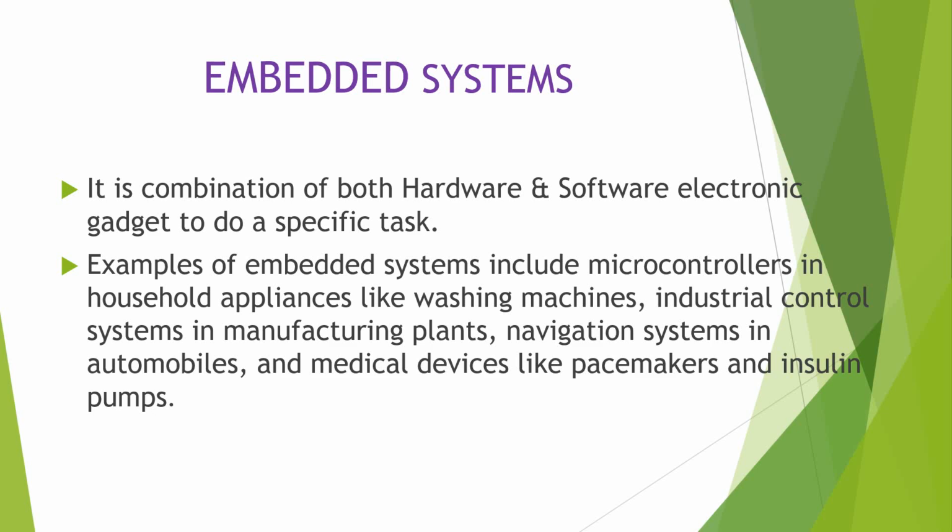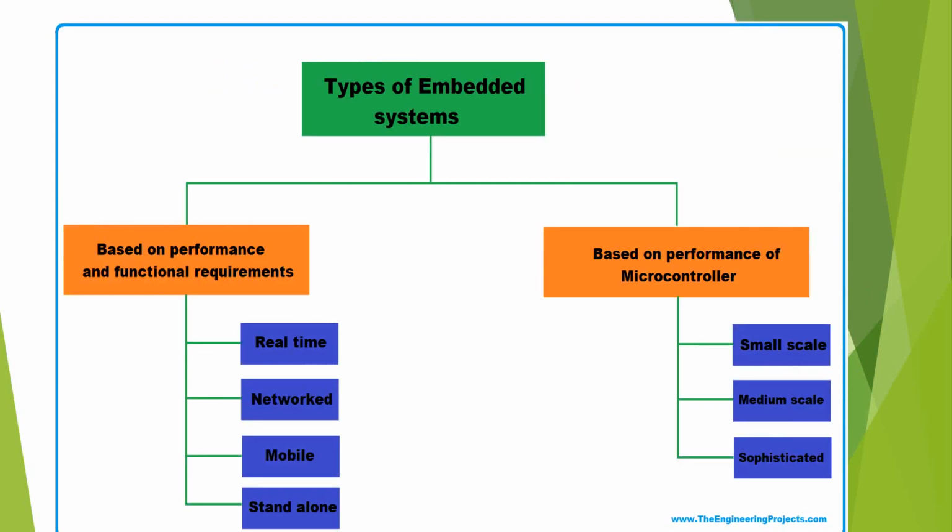There are many examples: washing machines, refrigerators, manufacturing plants, industrial control, navigation systems in automobiles, and medical devices. In every industry, embedded systems can be implemented. So this is the brief intro about embedded systems, and coming into the types of embedded systems.